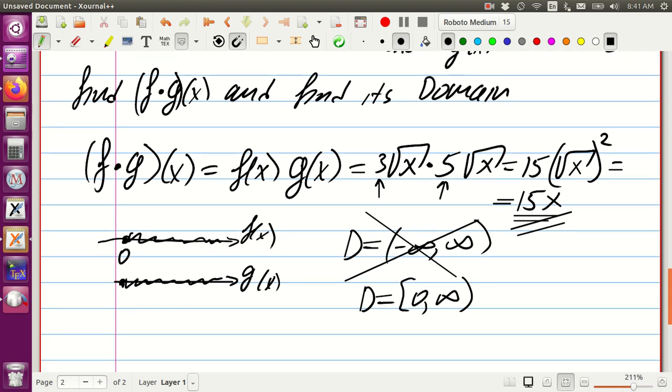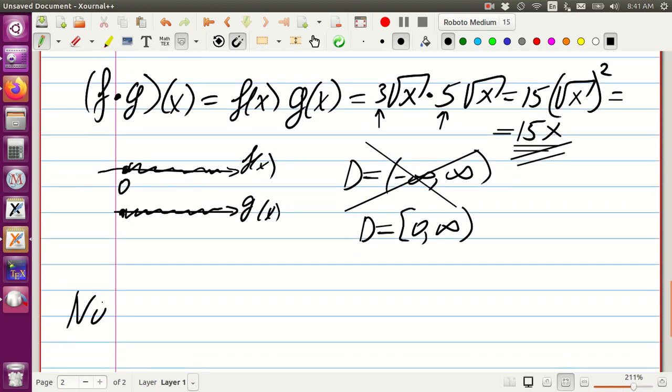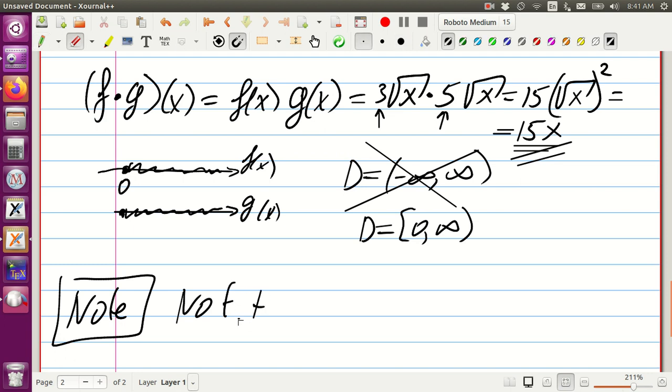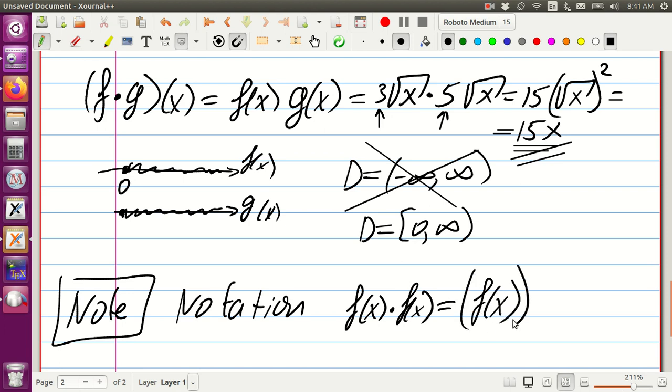All right, so one small word about notation. Notation could be confusing in mathematics, but let's try to figure out what we're going to talk about. f of x times f of x. If we multiply two functions together, we have to get f of x squared. But most of the time people put this 2 over here.